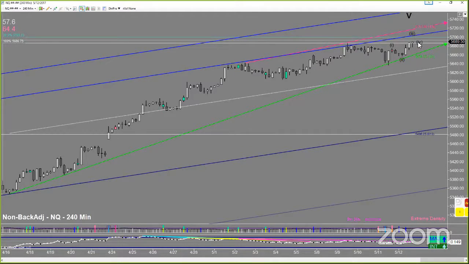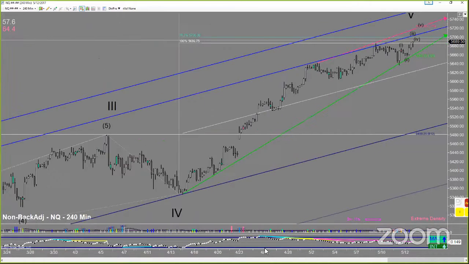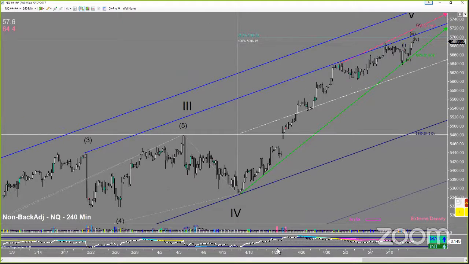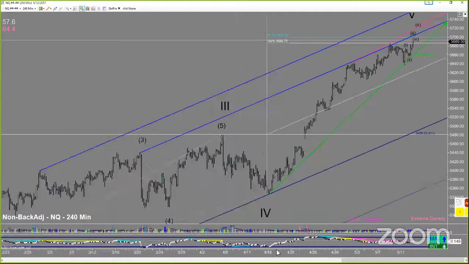And then we'll have that kind of sideways to down correction, and then the final pop up into that 57.17, maybe 57.20. And then I think we'll have a pretty significant swing high there. And by that time, the ES will be breaking out to new highs as well. Okay, so that's what I'm thinking for the NASDAQ.